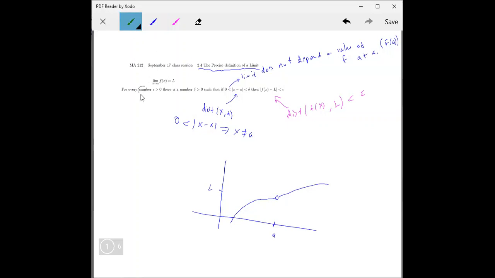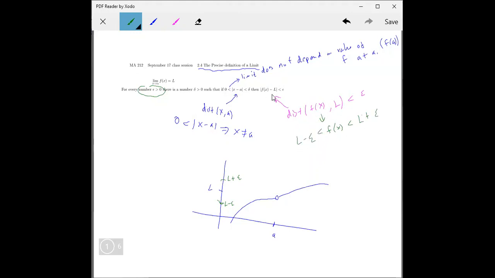So given epsilon greater than 0, that will create what we call a neighborhood about L. Okay, so from L minus epsilon to L plus epsilon. So that's what that is right there. So this translates to f of x being between L plus epsilon and L minus epsilon.